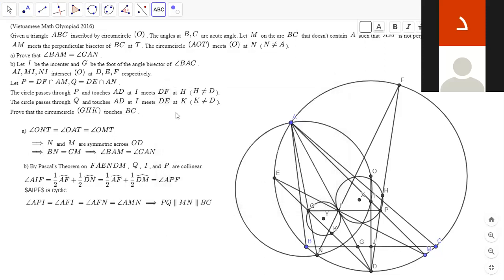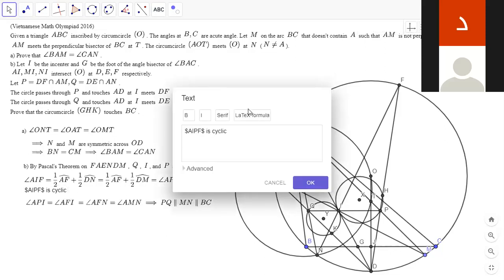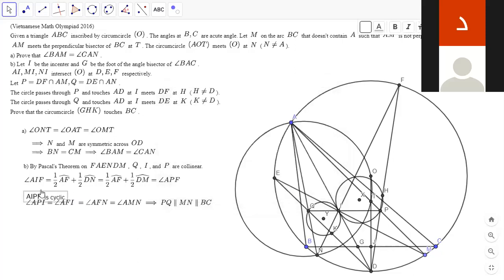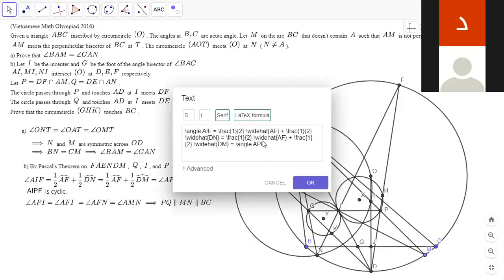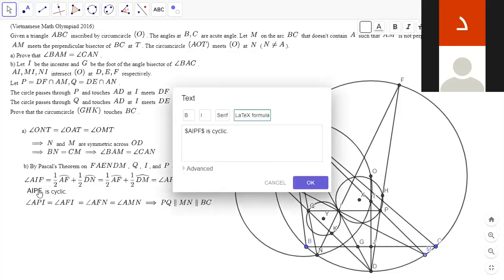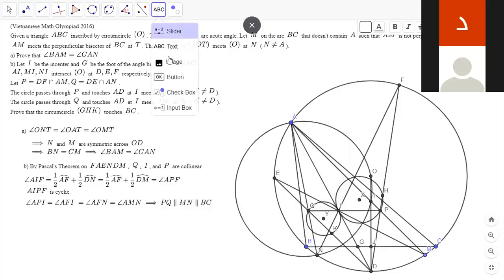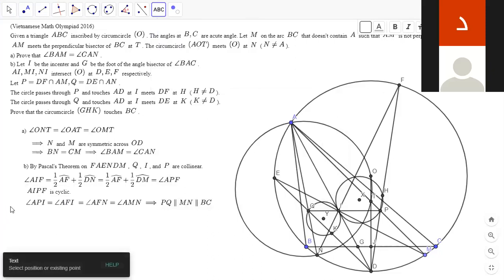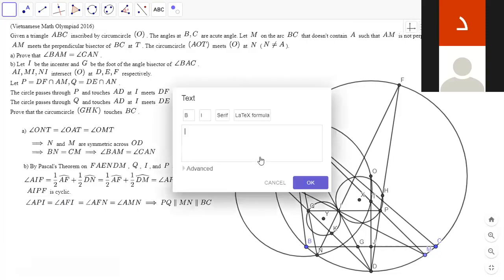So this should work just like that. I could also say to use Pascal on FAN-BDM.